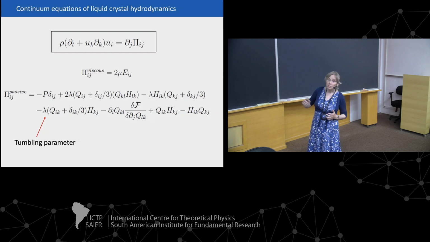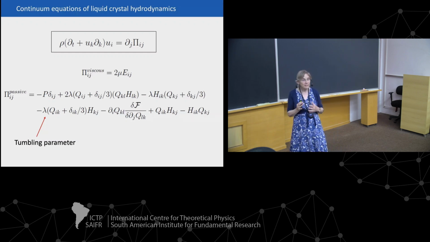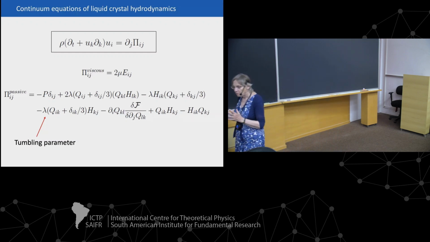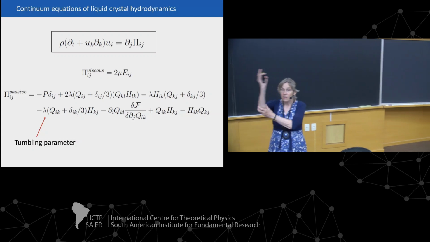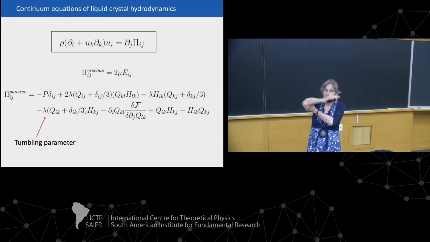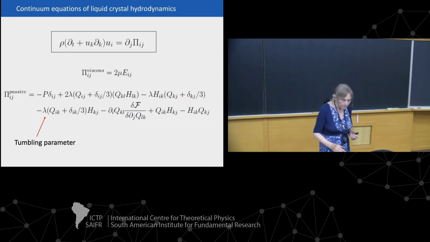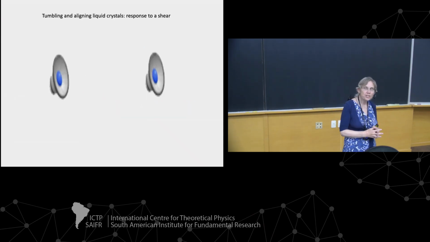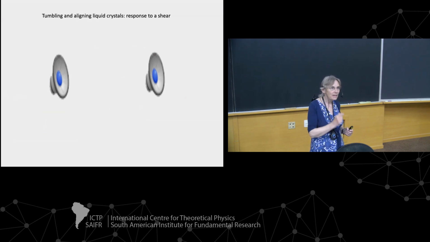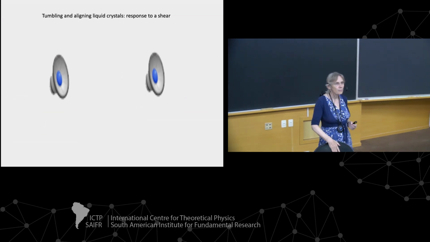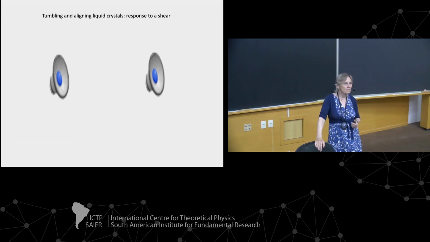And that tumbling parameter tells me the relative effect of the vorticity, which is trying to turn these particles. Vorticity is the turning of the flows, rotational flows, and the strain, which is trying to align these particles in some way. So let me show you on a movie what I mean by that, yeah? I just want to remember what we discussed yesterday.